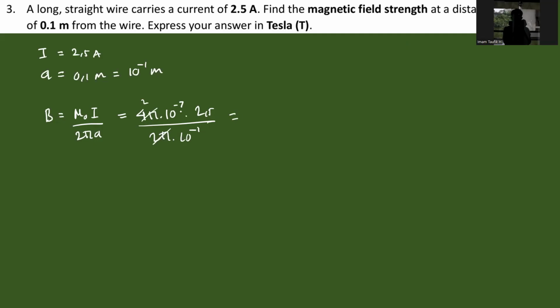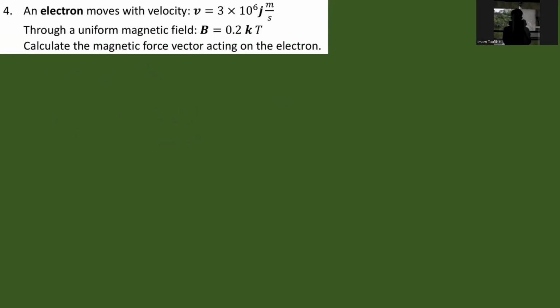It's 2, then 10 power minus 6. Then 2 times 2.5 is 5. So we have 5 times 10 power minus 6 Tesla. That's all for number 3. I guess it's easier than the previous one.